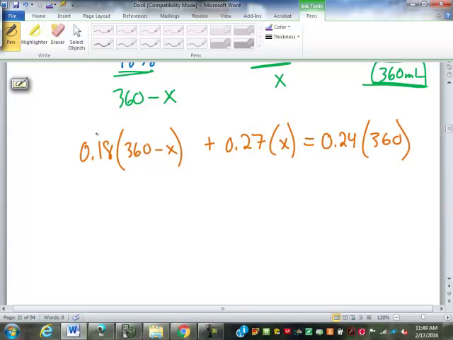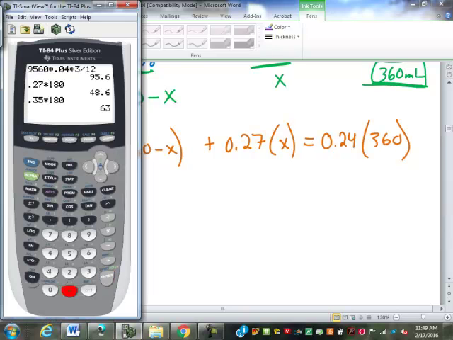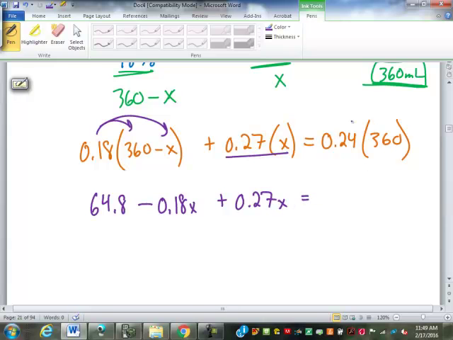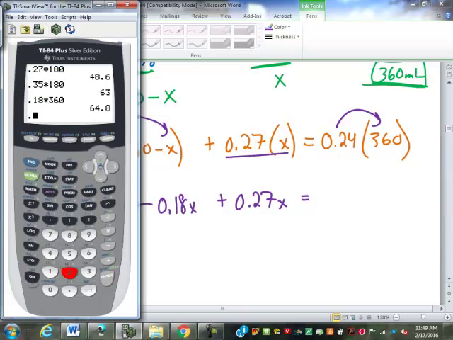So now 0.18 times 360 is 64.8. 0.18 times negative X is a negative 0.18X. Plus 0.27 times X is just 0.27X equals 0.24 times 360, 86.4.